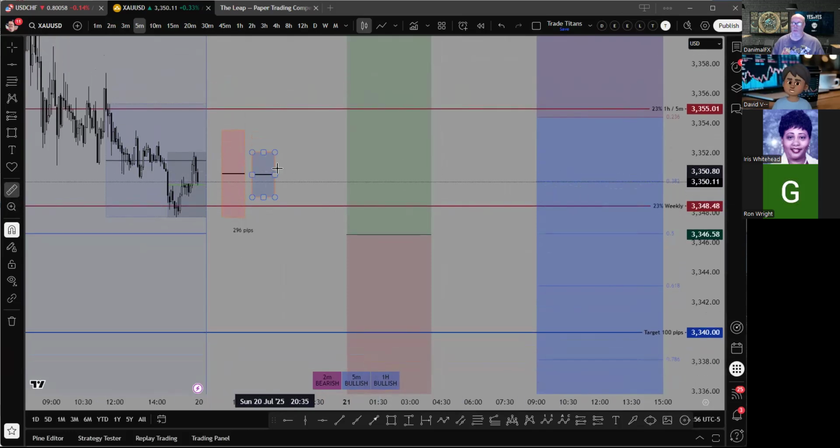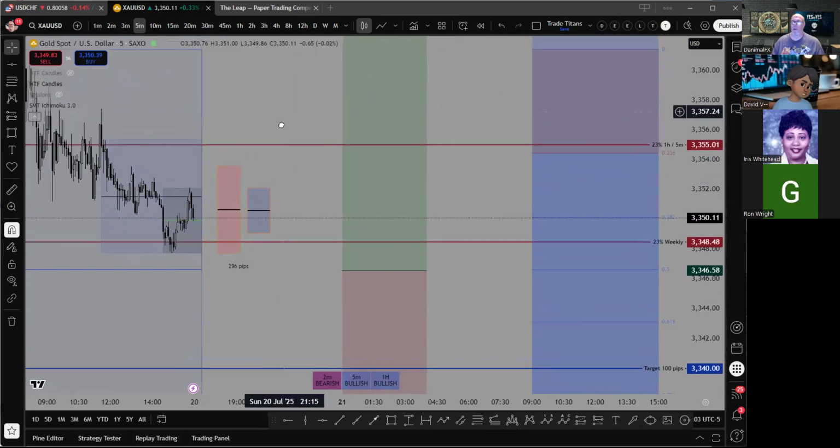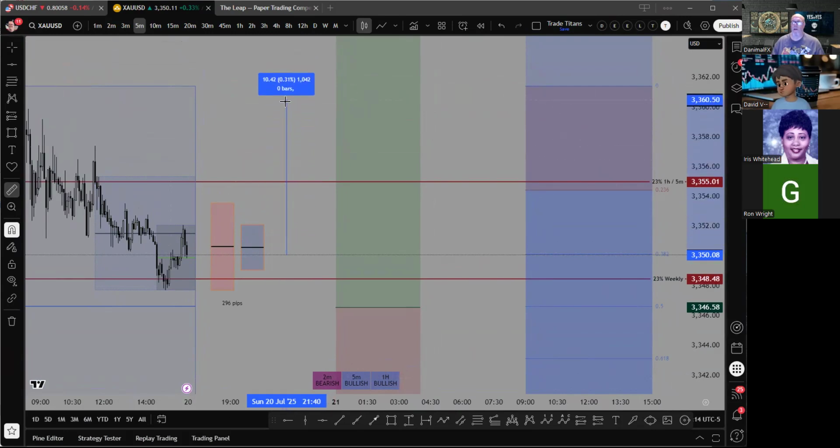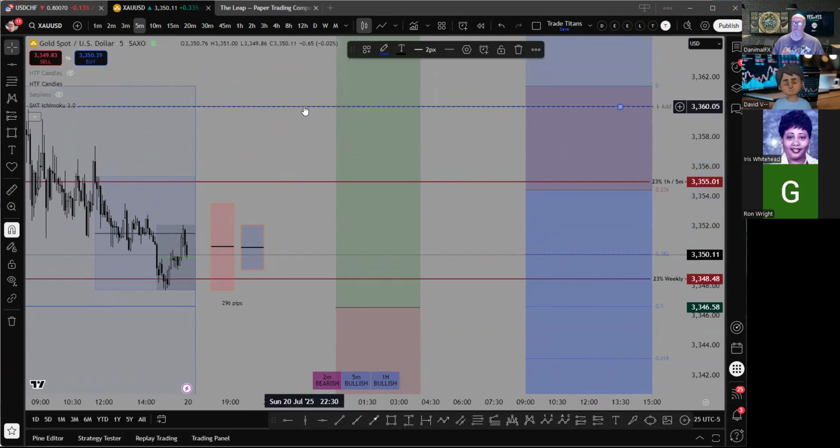So from here up 100 pips. From here to here, 33.60. Okay, so I'm going to take another one and put it here at 33.60, right about there.